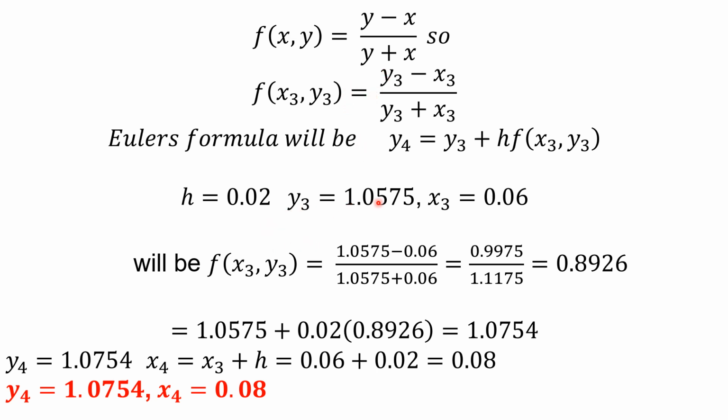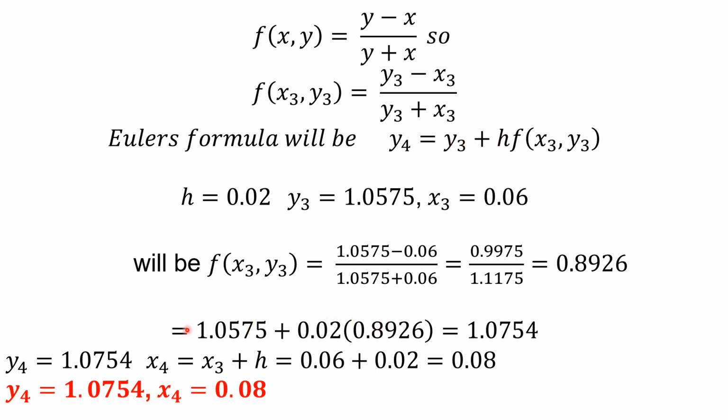This is the value of y3, this is the value of x3, that is already calculated. H we know already. So in this way, f(x3, y3) we can calculate. And what is that? 1.0575 minus 9.8926. So simplify, put in this value of h and y3 here.